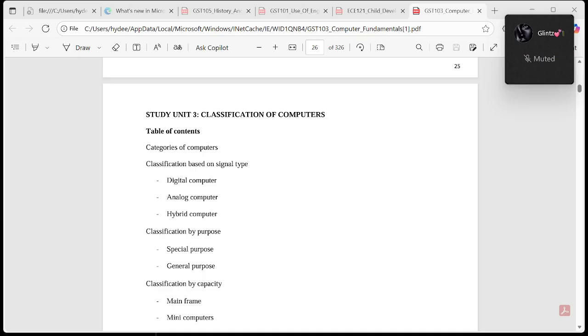But the kind of things they're talking about in this course is old computers, how they became what they are now. And they want you guys to have computer knowledge.